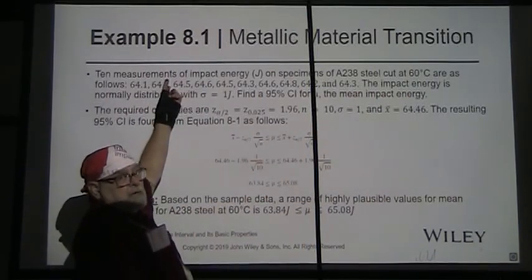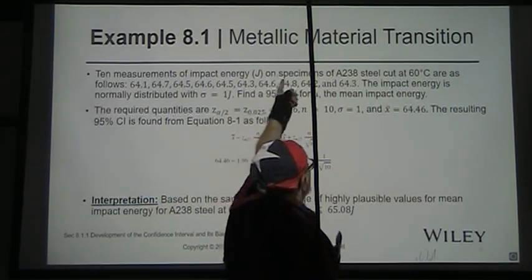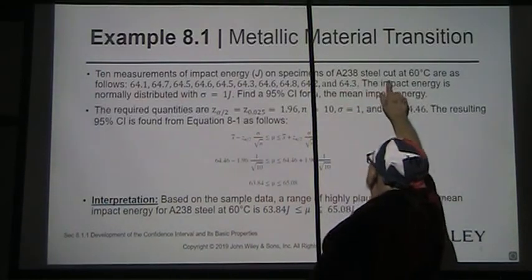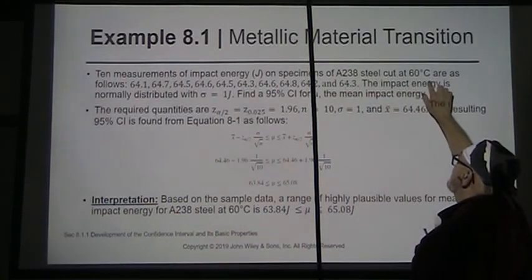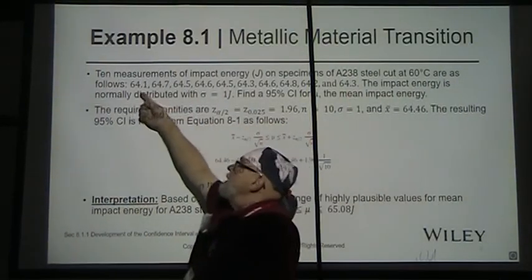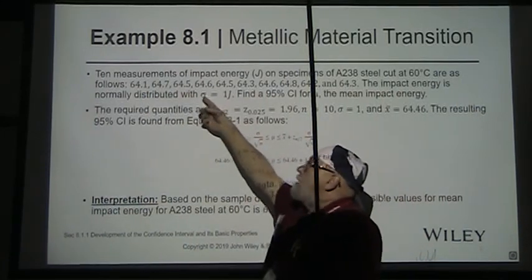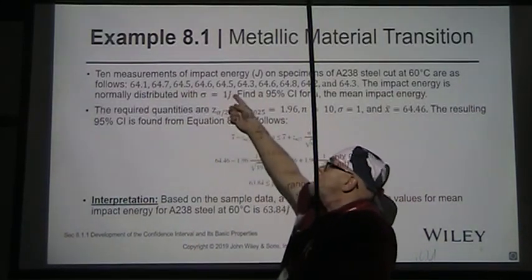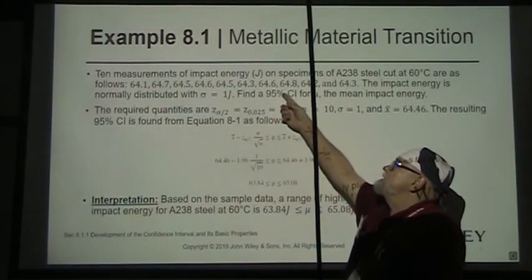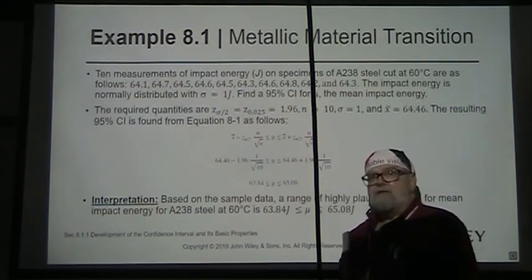That means n is equal to 10, of impact energy in joules on specimens of A238 steel cut at 60 degrees centigrade, as follows: 64.1, 64.7, 64.5, 64.6, 64.5, 64.3, 64.6, 64.8, 64.2, and 64.3.